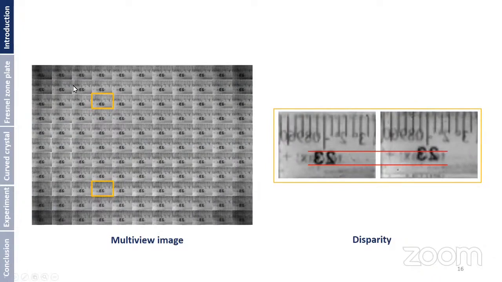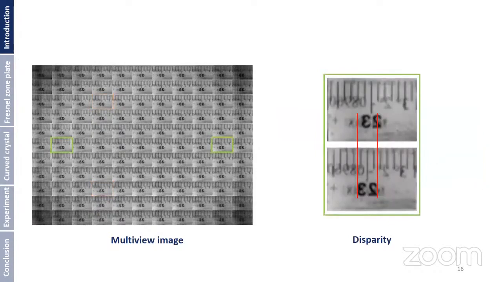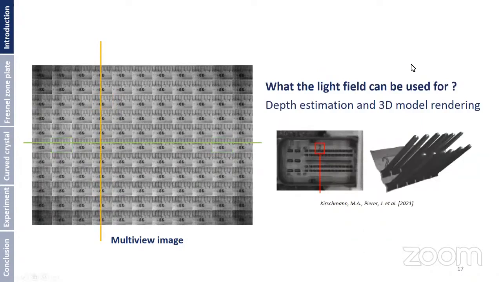Taking two images in the same column, we can see the vertical disparity, the vertical shift of this object. Taking two images in the same row, we can see the horizontal disparity. As there are numbers of different angles in the multi-view image, and the disparity can be measured from any two images, the light field data contains rich depth information and allows 3D model rendering.